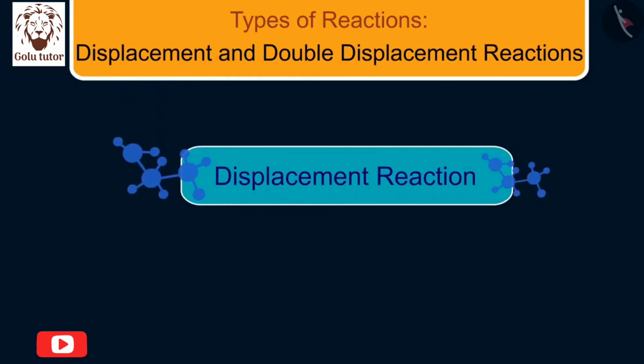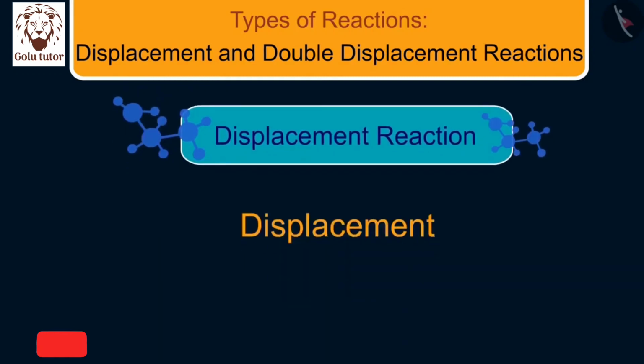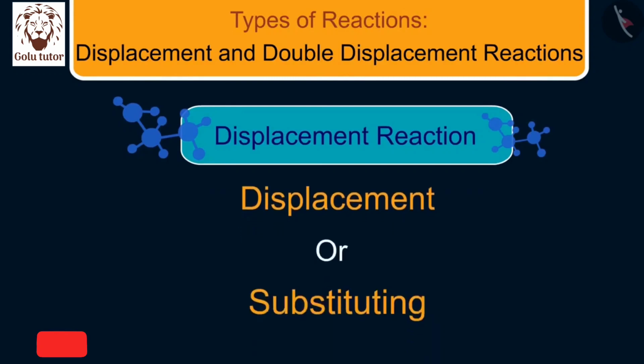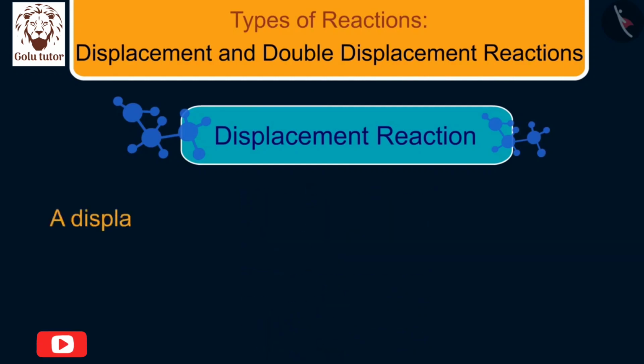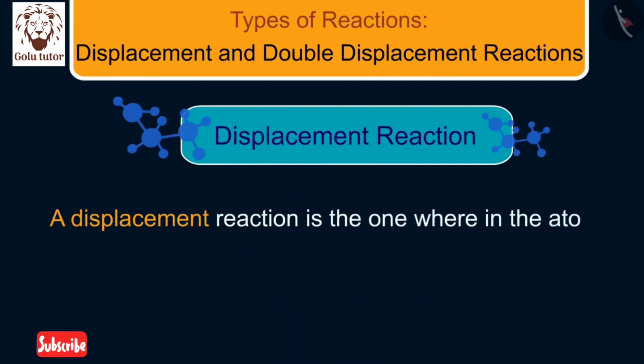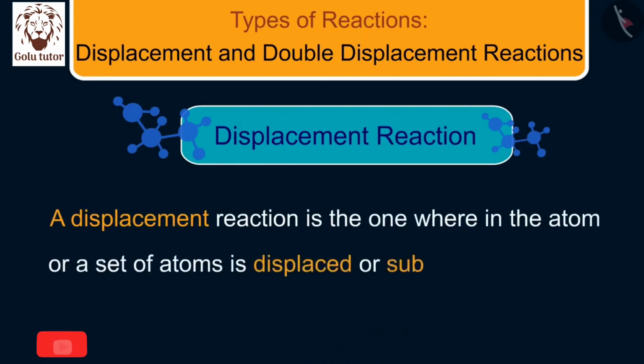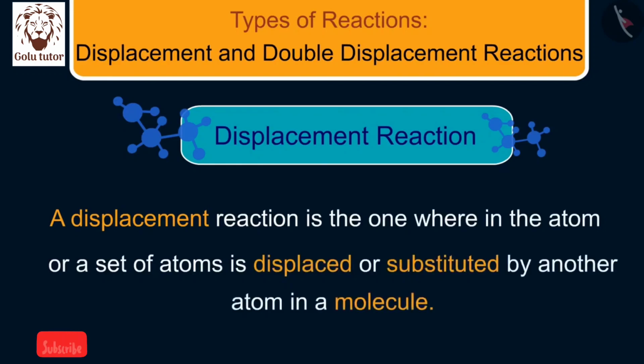So, the word displace tells us that it means we are displacing or substituting something, right? So, how do we define displacement reactions? A displacement reaction is the one wherein the atom or a set of atoms is displaced or substituted by another atom in a molecule.